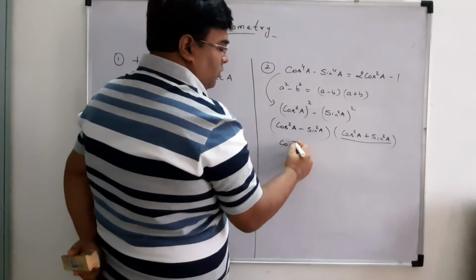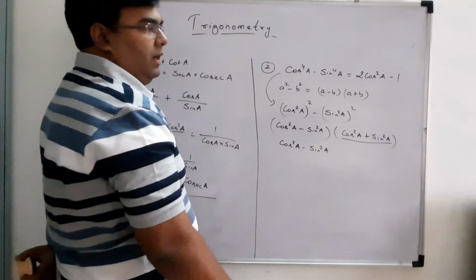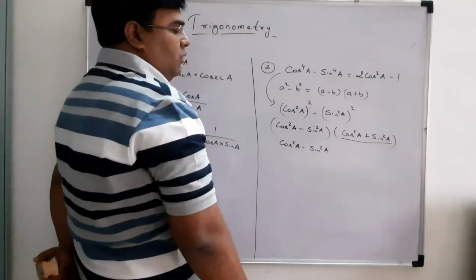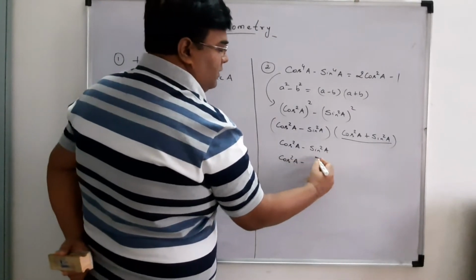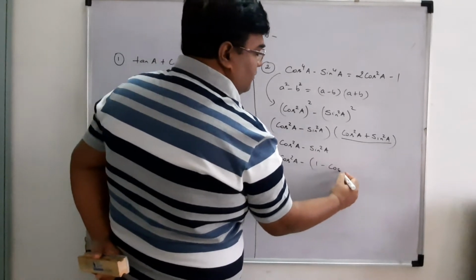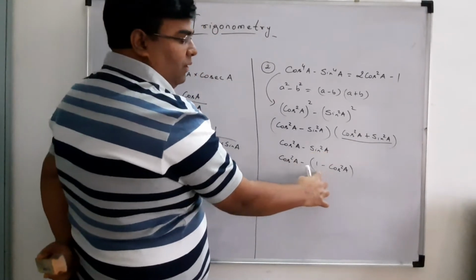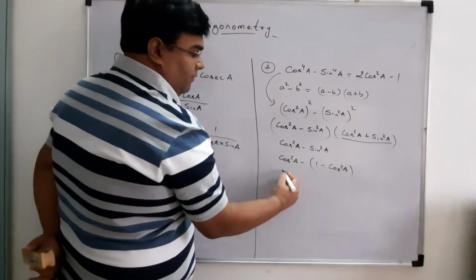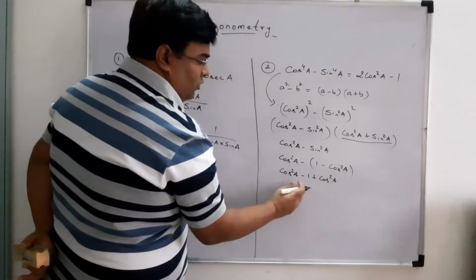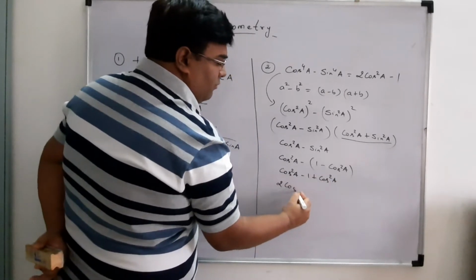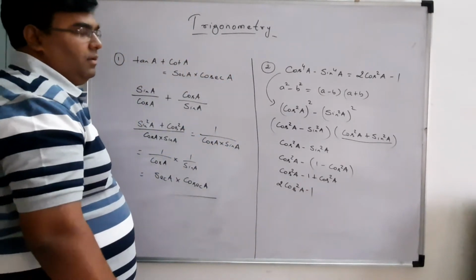So we have cos square A minus sin square A. Now our RHS contains only cos square A, so we can convert sin square A into cos square A. Cos square A minus, let us use the bracket here, 1 minus cos square A. Using the same identity, we can write sin square A as 1 minus cos square A. Cos square A plus cos square A will become 2 cos square A minus 1. Right?